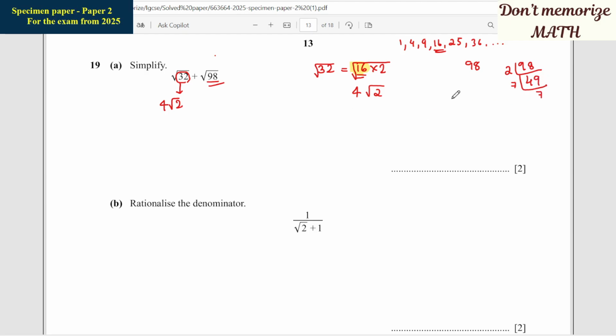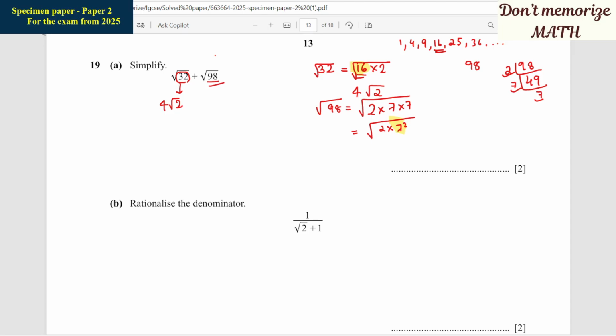So square root of 98, how can we write 98? 2 times 7 times 7, which is the same as 2 times 7 square. So 7 square is inside the square root, so square and square root will cancel for only the 7.